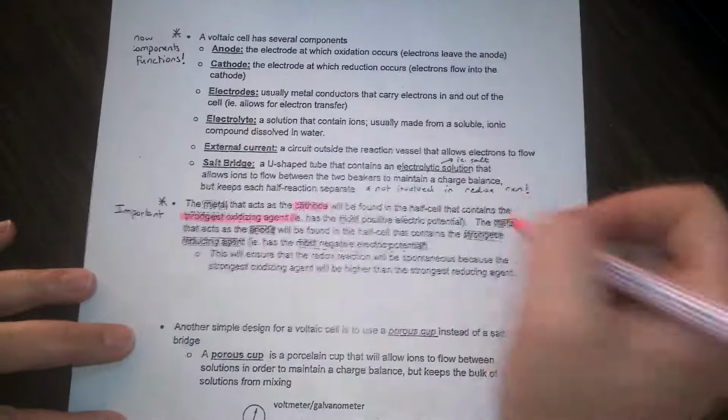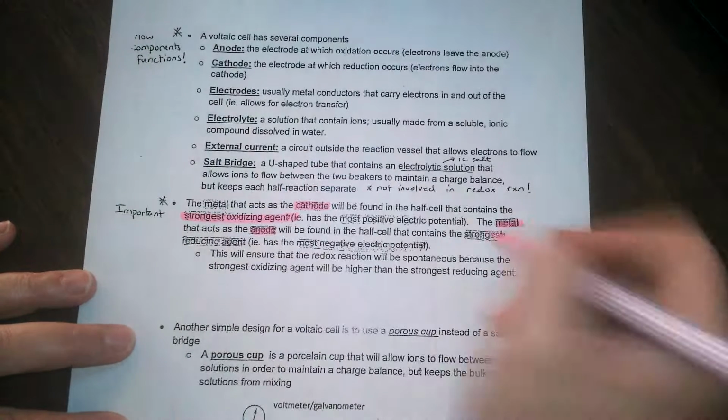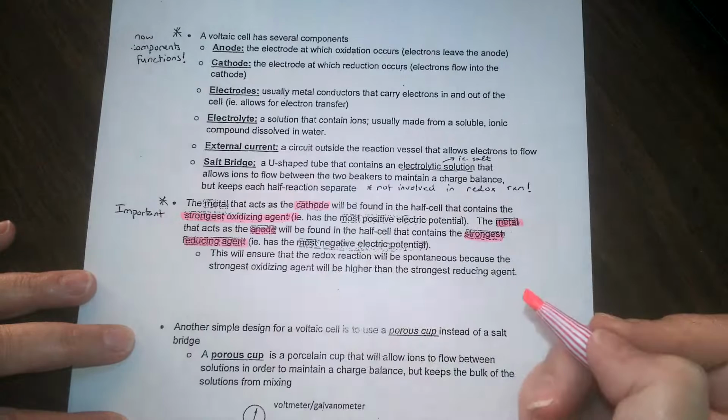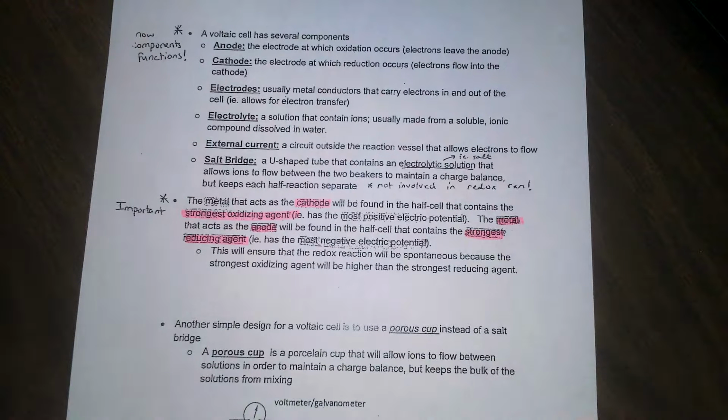The metal that acts as the anode will be found in the one that has the strongest reducing agent. And this ensures that the redox reaction will happen. If we didn't, the reaction would stop. It wouldn't go forward. It would need help. That's how this happens. It has to be spontaneous.